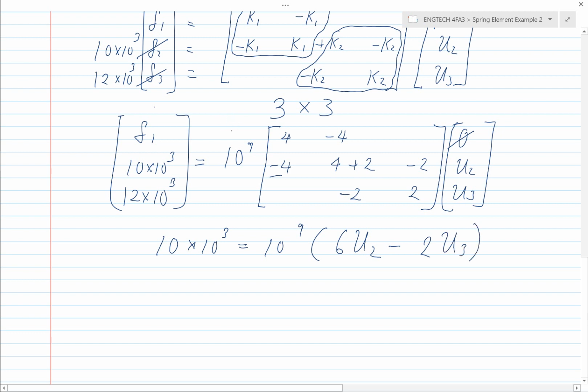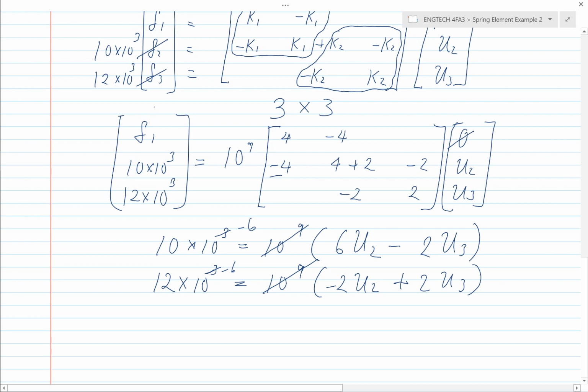Okay, and the third equation is 12 times 10 to the 3, 10 to the 9 times -2U2 plus U3. Okay, this is -6, and right here this is -6 as well.